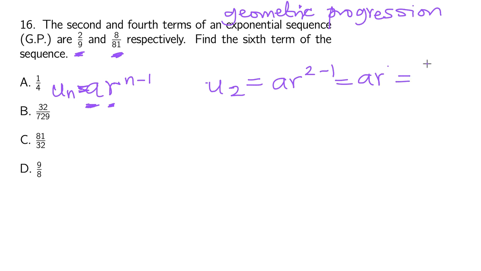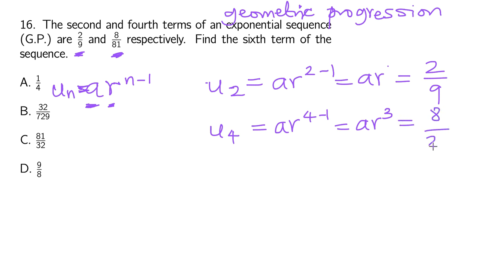And we are told that that's equal to 2 over 9. And then we have u4, which is equal to ar to the 4 minus 1, which is ar cubed, and that's equal to 8 over 81.